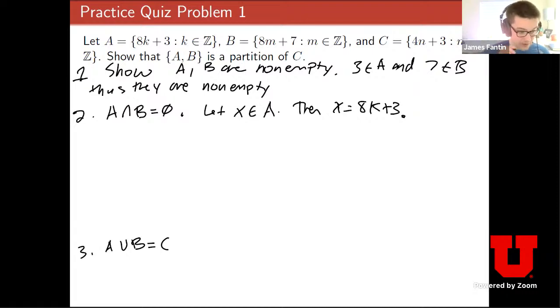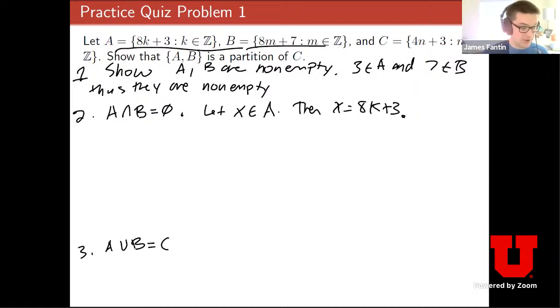But the one thing to note is that argument will not work if we're not doing partitions of integers. If we're partitioning the rationals, we can't use the division theorem as a crutch to prove that these are disjoint.